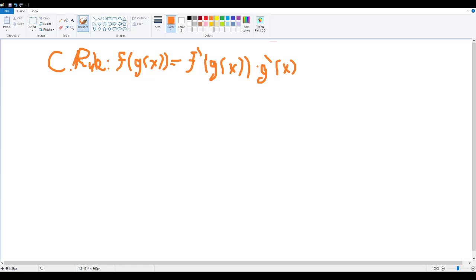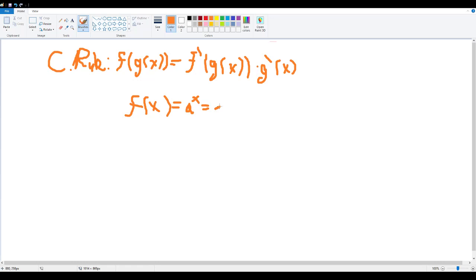Sorry about my writing being so lopsided. Right, that is the chain rule. So, what are we going to do with this? Well, if we have f of x equals a to the x, right?